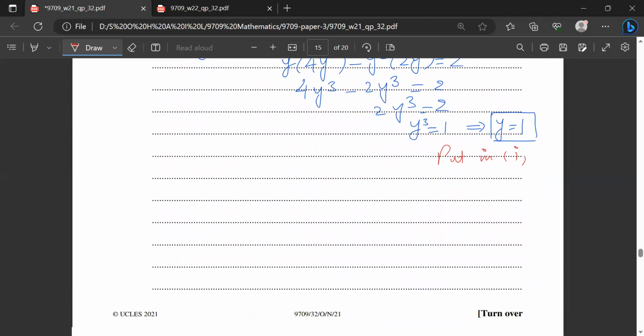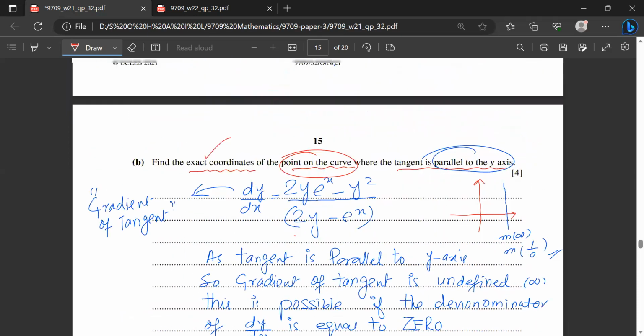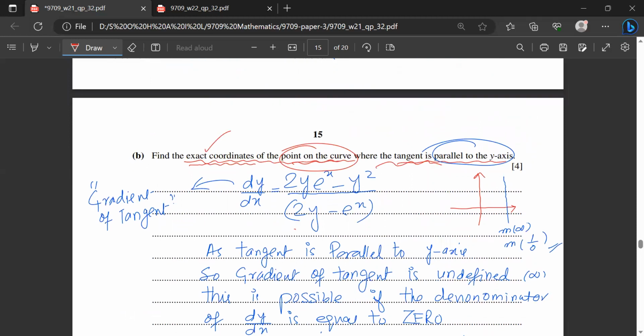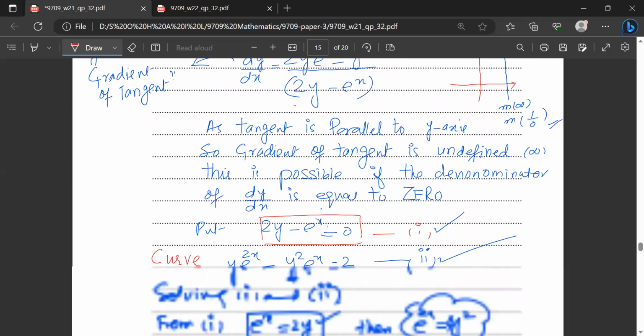2y minus e^x is equals to 0. 2 into 1 minus e^x equals to 0. So e^x is equals to 2, and using the log on both sides, by the definition of the log, if e power x equals to 2, then x is equals to natural log of 2. So this is the x coordinate. So the question was, find the exact coordinates of the point on the curve where the tangent is parallel to y-axis.